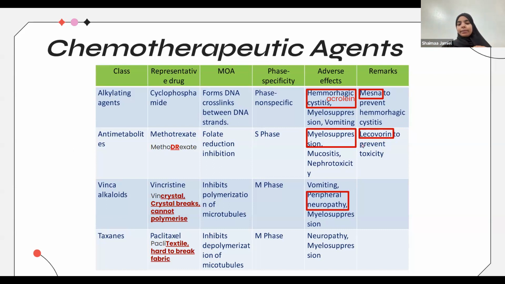Yeah, folinic acid. But basically, methotrexate is still going to affect the other cells and cause myelosuppression.